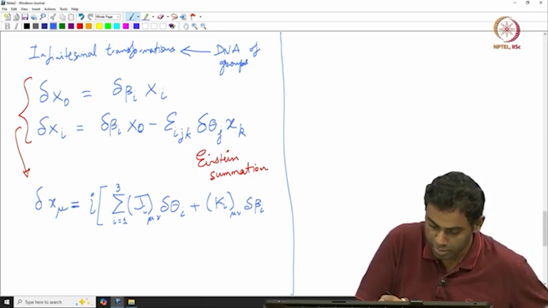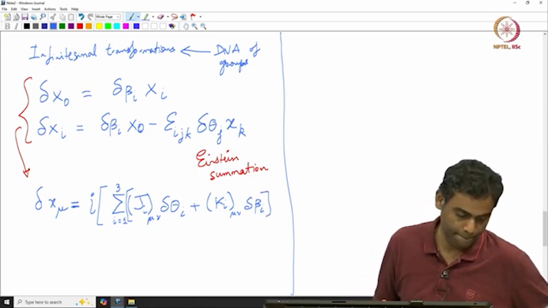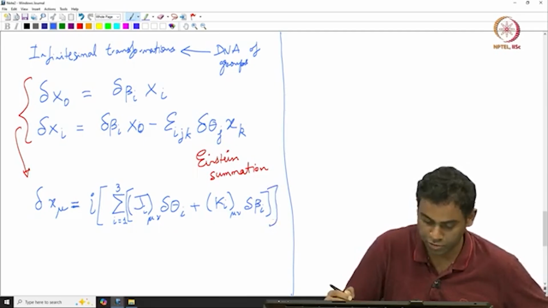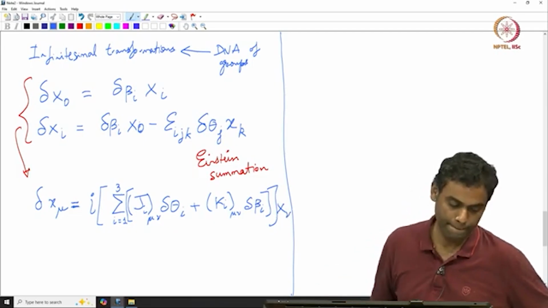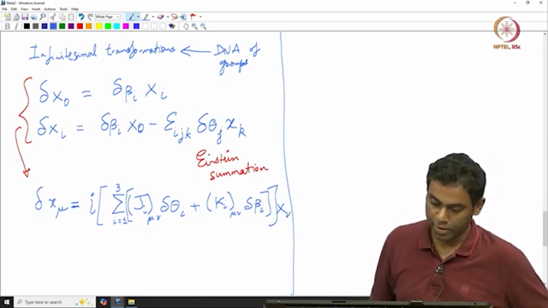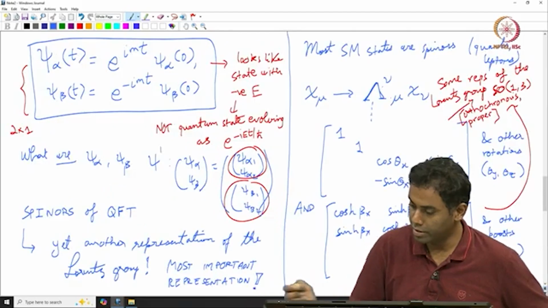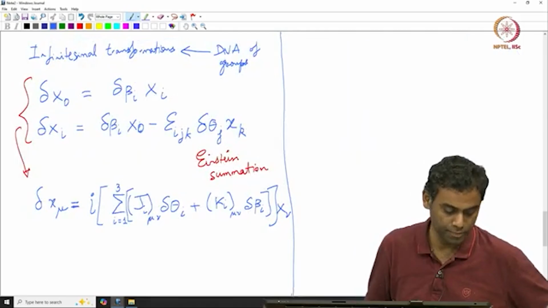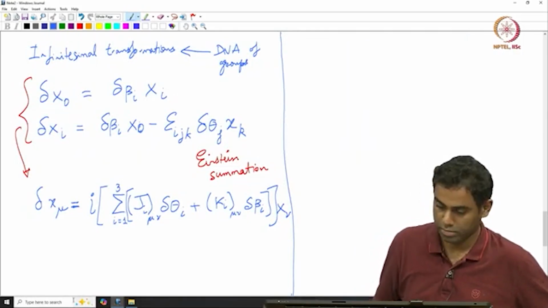So this summation works for both of these, and finally of course I am transforming the coordinates. So I have x nu. So from here and these matrices written this way, you can guess what the j i's and the k i's are at this point.